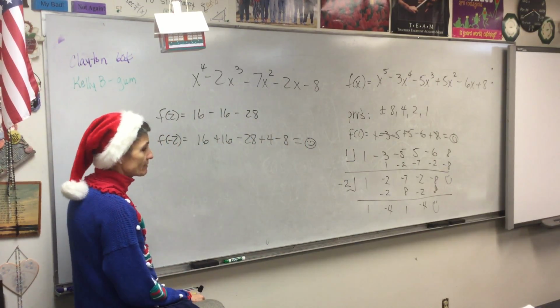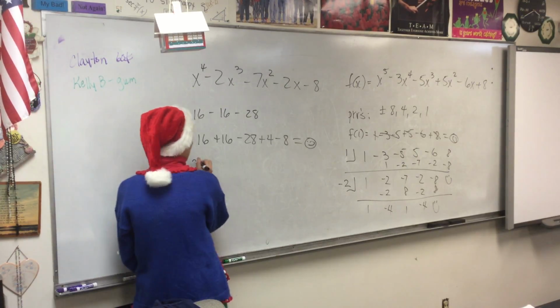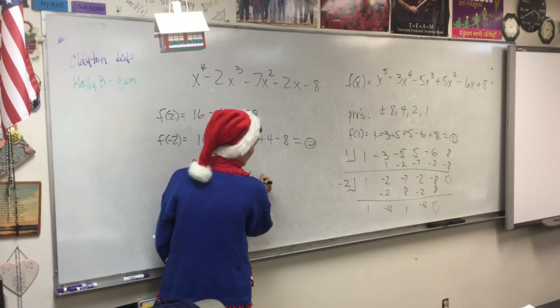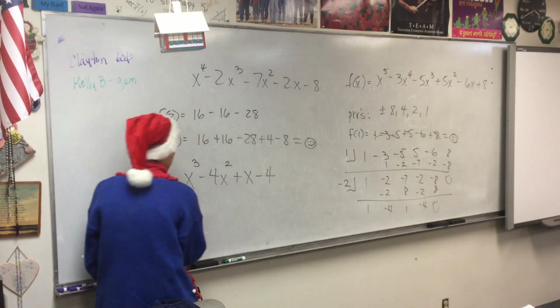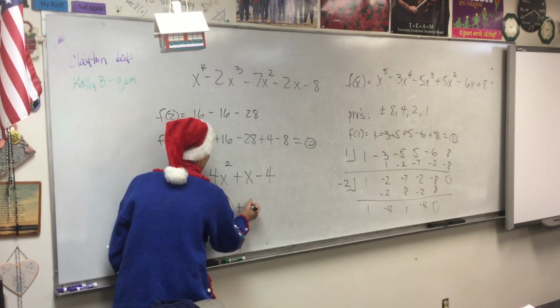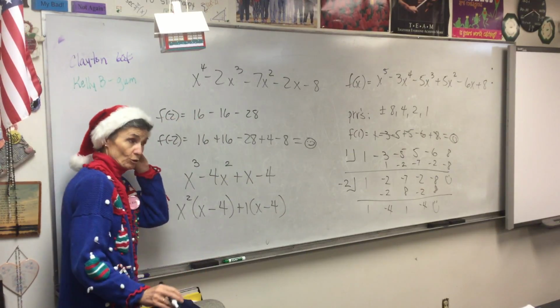And what's left? I divided out my -2. What's left? X cubed minus 4x squared plus x. Oh, it groups. So I'll go ahead and group it. Remember, if it groups, you could group it.